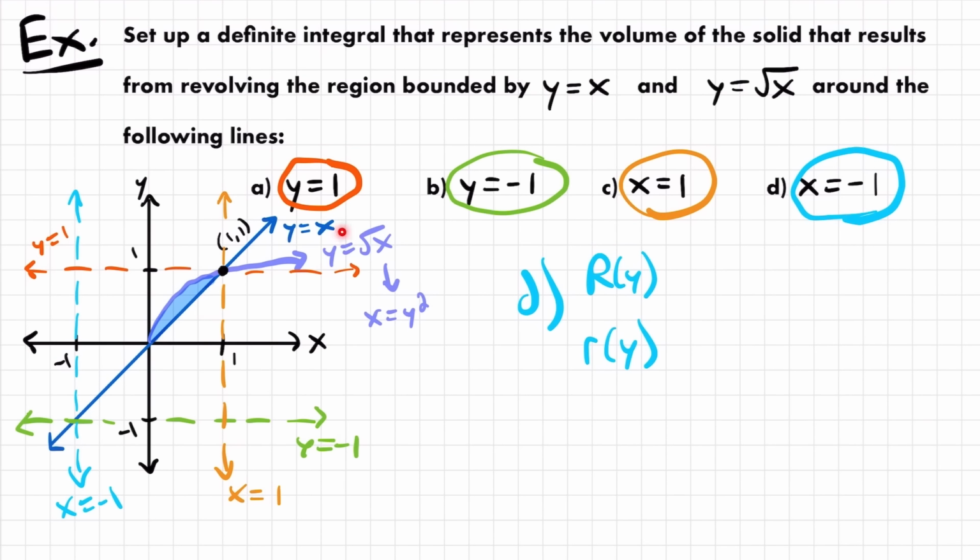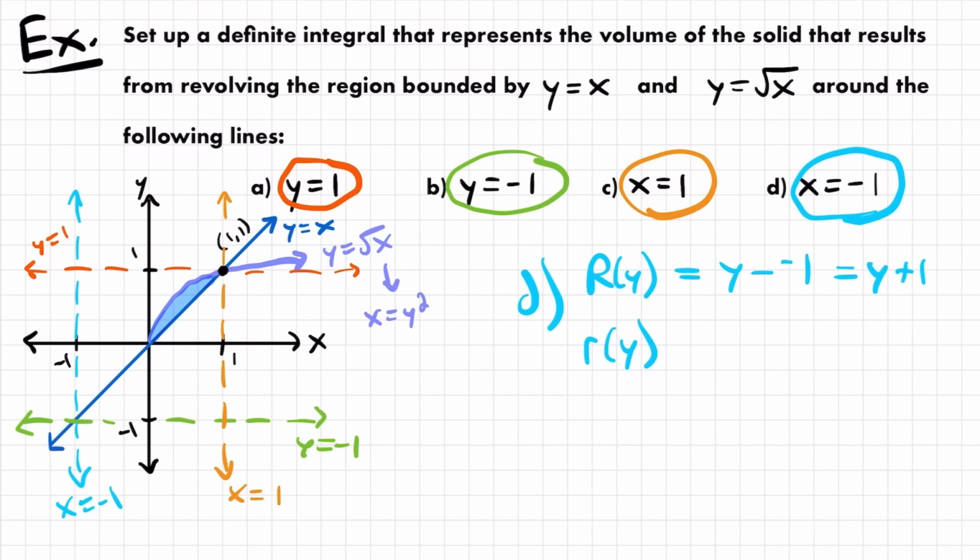Okay, so y equals x, or x equals y, is the boundary of our region that is the furthest away from the line, and so that will be part of our outer radius, but we need to remember to subtract the value of our axis of revolution. So we will have that the outer radius is equal to y minus -1. And of course, that is the same as adding 1, and so this is equal to y plus 1.